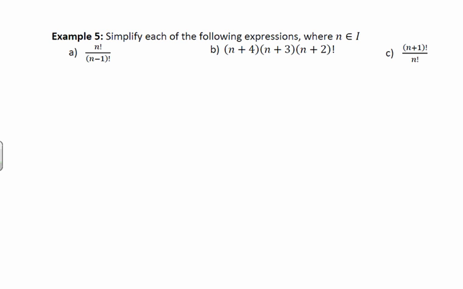So if we have n factorial, we can rewrite this as n times n minus 1, okay, times n minus 2.